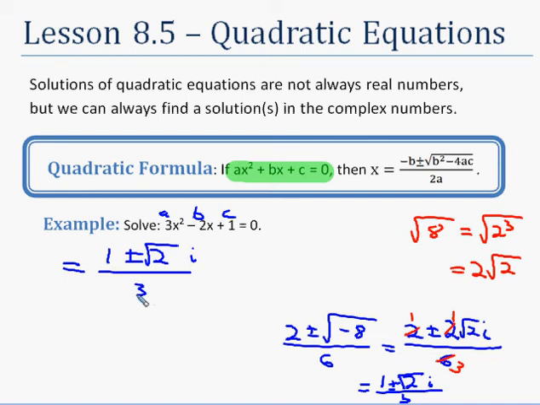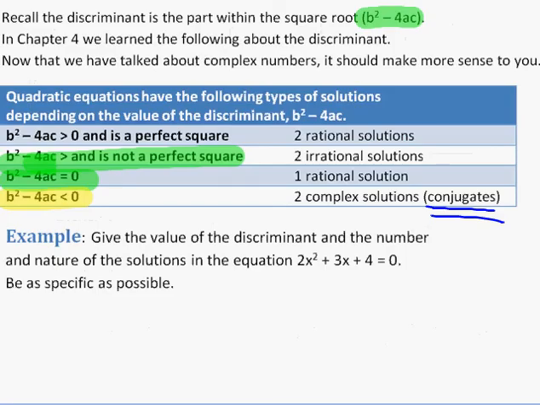If you want to see those as conjugates, we have this 3 that's a common denominator, so we can write 1/3 plus or minus root 2 over 3 i. And now we can see it as conjugates. We have 1/3 plus root 2 over 3 i and 1/3 minus root 2 over 3 i. So that's where we see that they're conjugates.